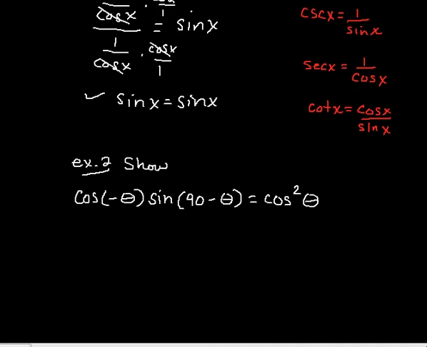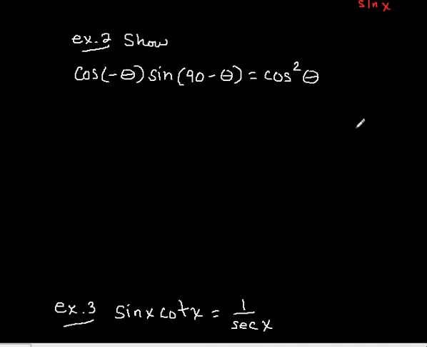Okay, let's try another one. Cosine of negative theta times sine of 90 minus theta equals cosine squared of theta. So we're going to work on this side only and try to get it to look like this side. And if you recall these, we did those on the other screen that I had.